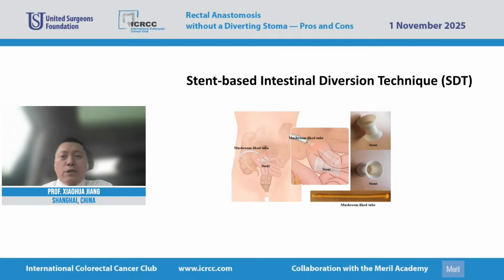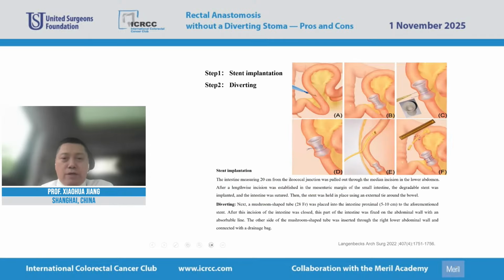So today I would like to introduce a technique. We are now doing a clinical trial, that is the stent-based intestinal diversion technique, first invented by Professor Cai Xiujun from Zhejiang University. And this is a figure, and I will explain how we perform this using a video.